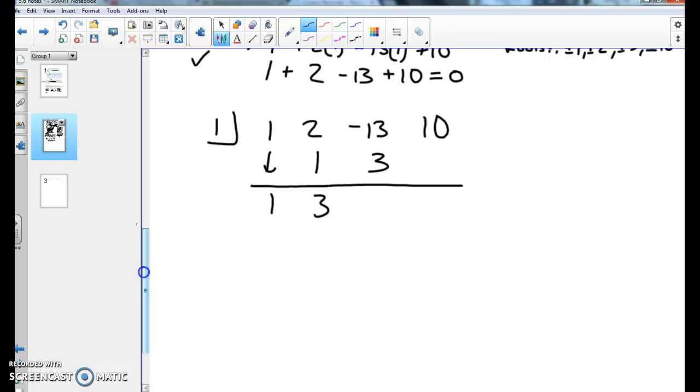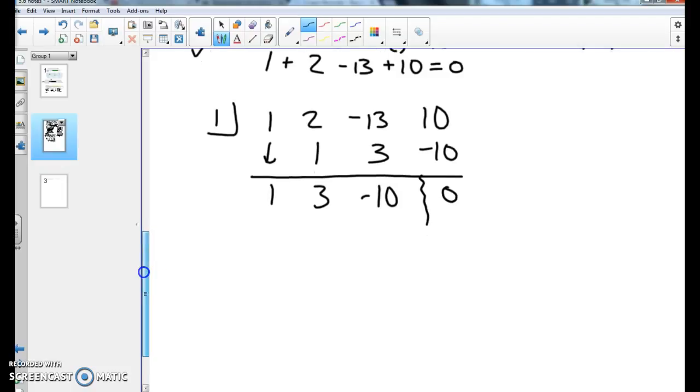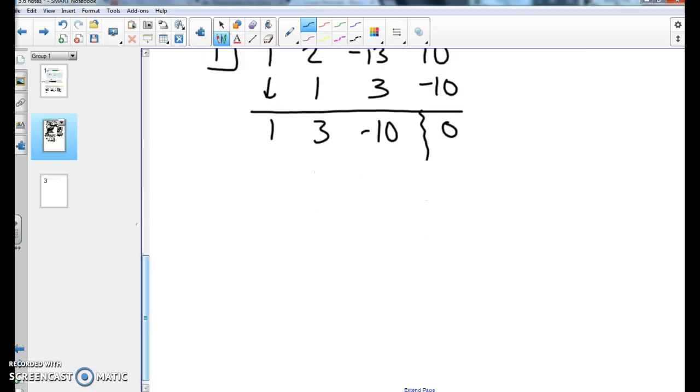Negative 13 plus 3 is negative 10. Negative 10 times 1 is negative 10. And 10 minus 10 is 0. So good for us. We have a remainder of 0. 1, 3, and negative 10 are our coefficients. So that's going to produce x squared plus 3x minus 10.